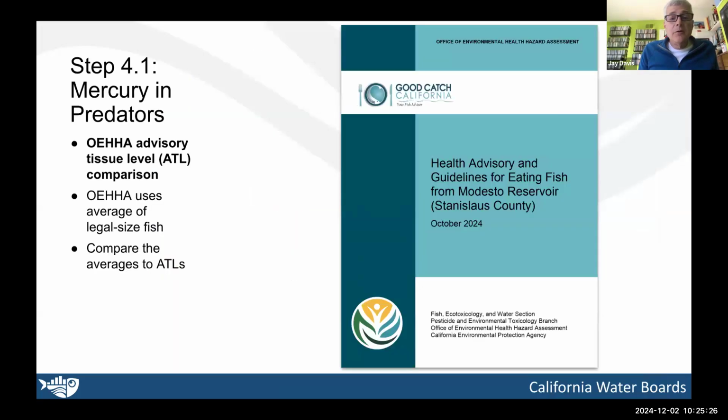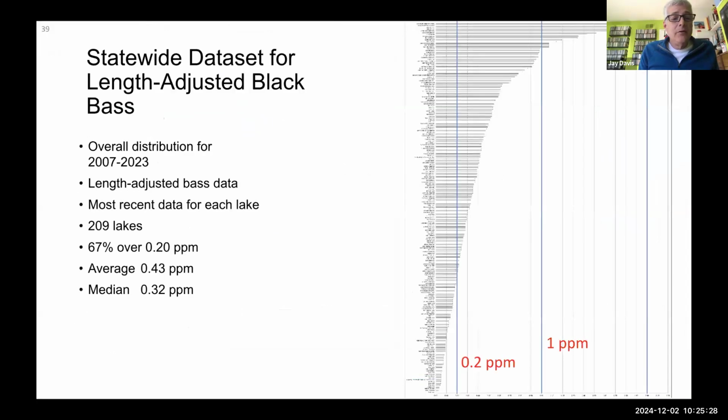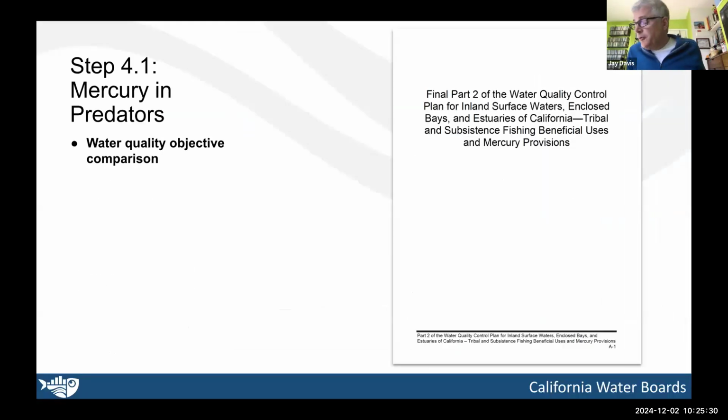Okay, now I'm going to go through thresholds fairly quickly. There's an assortment of thresholds to compare to. The tribes may have your own thresholds that you like to compare to, but I'll go through what the state uses and what OEHHA uses.